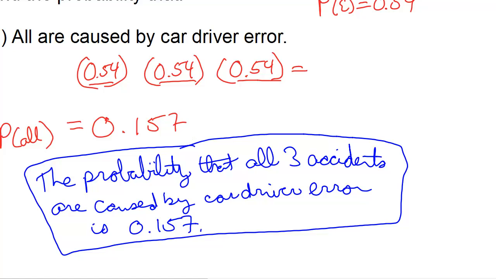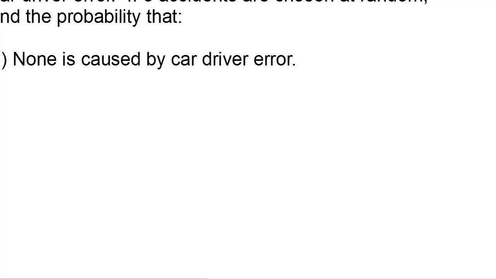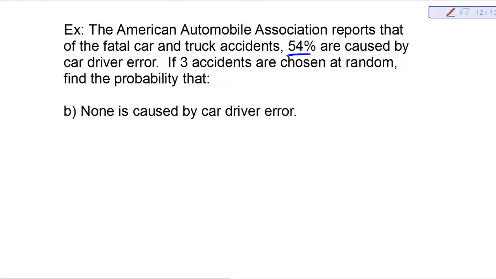Let's look at Part B. Part B gives us the same scenario, that we're still looking at 54% are caused by car driver error. We're still going to choose 3 accidents, but this time none of the accidents are caused by car driver error. Okay, so this is the total opposite of what we just looked at.